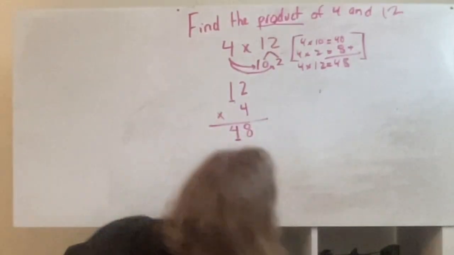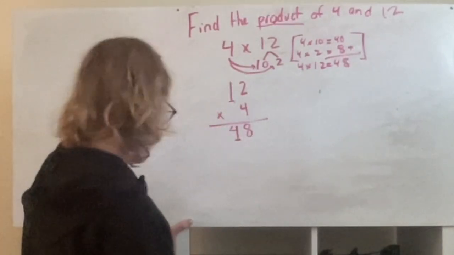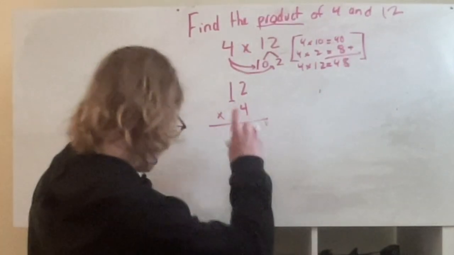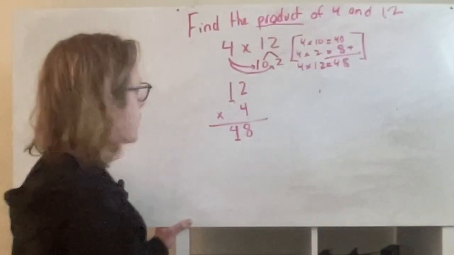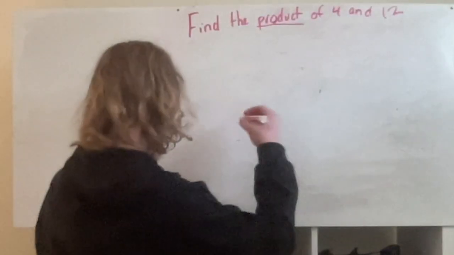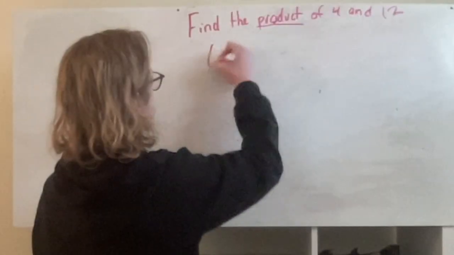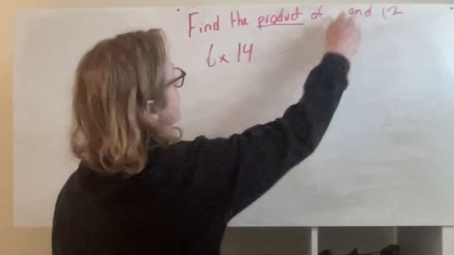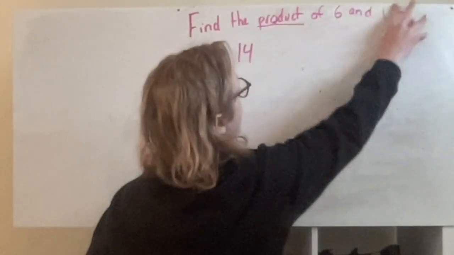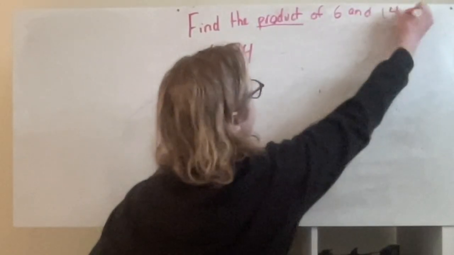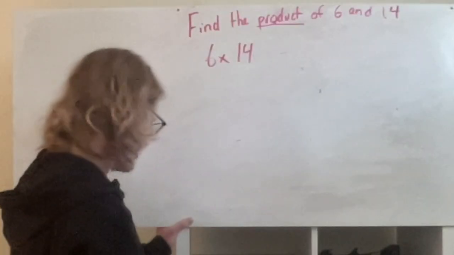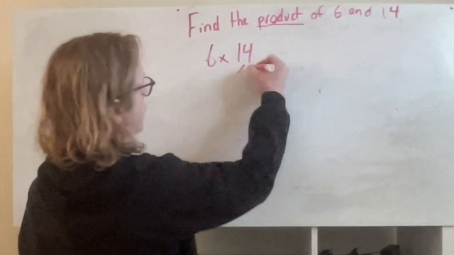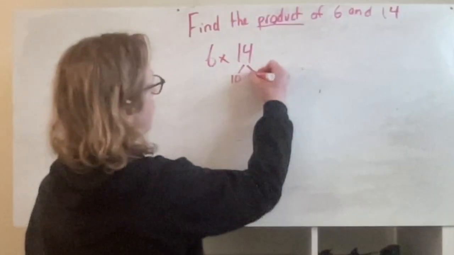Okay, let's look at another example of a one-digit number multiplied by a two-digit number. So the next one we're going to look at is 6 times 14. So find the product of 6 and 14. Okay, again, let's think about how we could do this in our head if we were comfortable with our times tables.